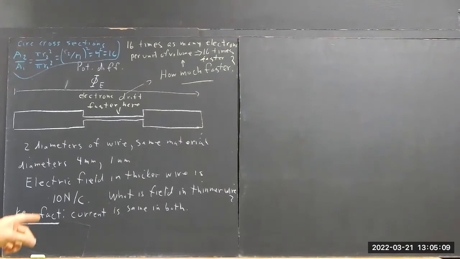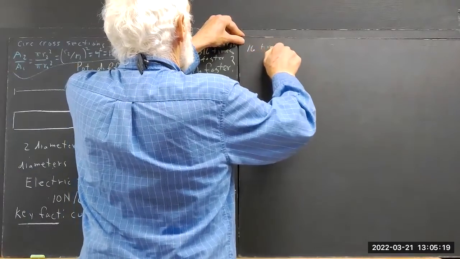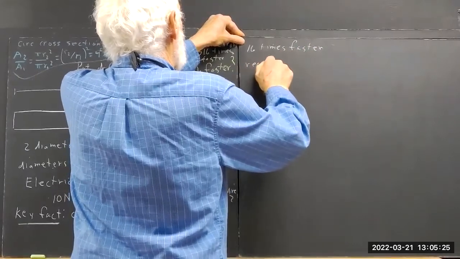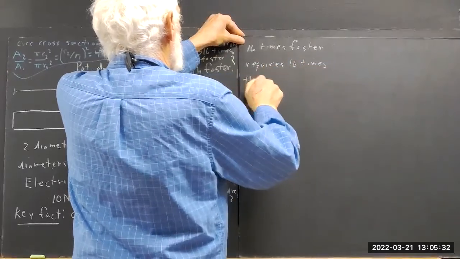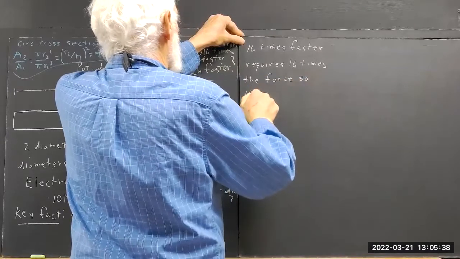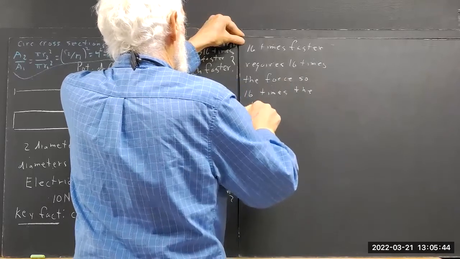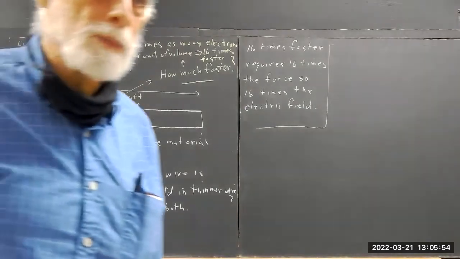So now we've got 16 times as many electrons, so they've got to be 16 times faster. Sixteen times faster requires 16 times the average force.